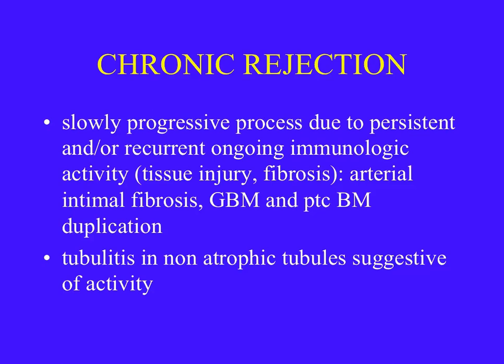So histologically, we may have features in terms of tissue injury, fibrosis, arterial intimal fibrosis, glomerular basement membrane and peritubular capillary basement membrane duplication. But we also may have features suggestive of activity, such as tubulitis in non-atrophic tubules.